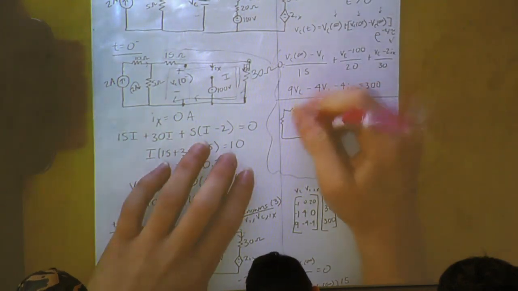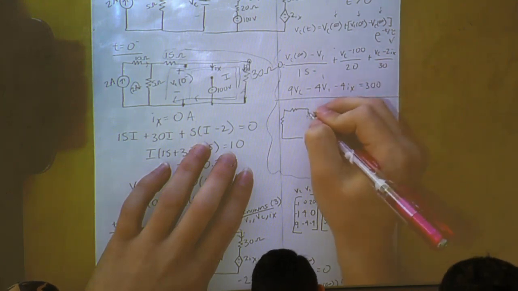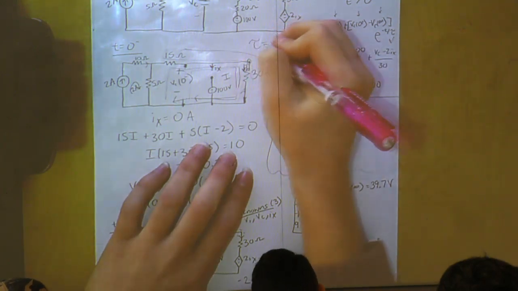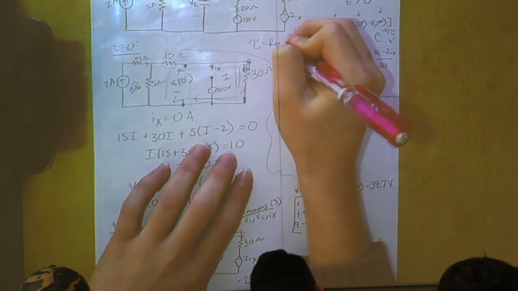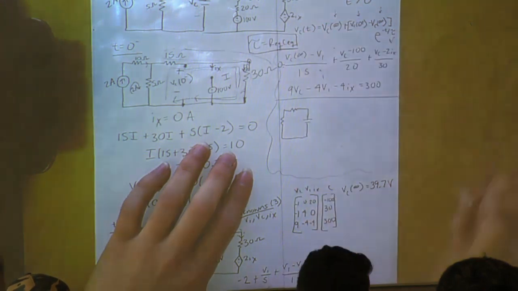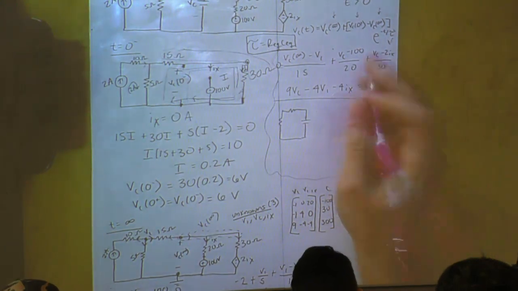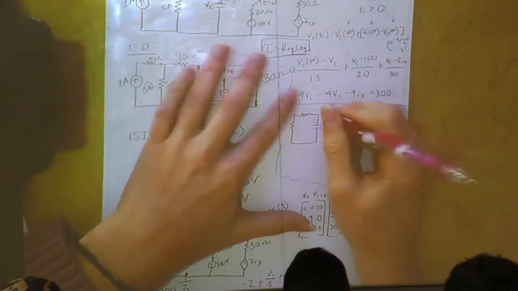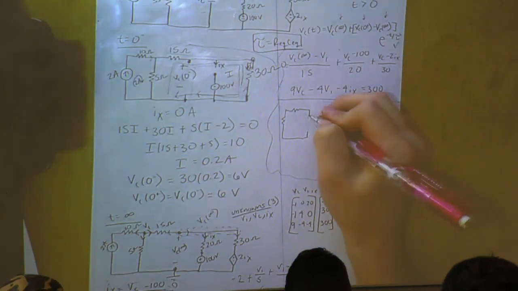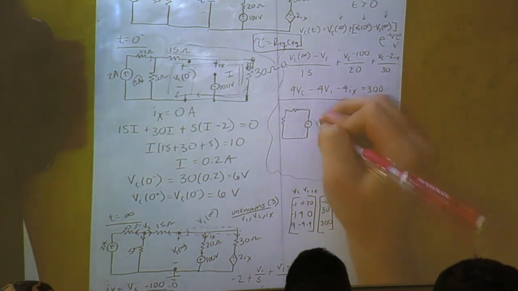This is all just to find our equivalent. Tau is equal to Req CEQ. And we know our CEQ. We'll just have to find our R equivalent, where our capacitor is, or your inductor.